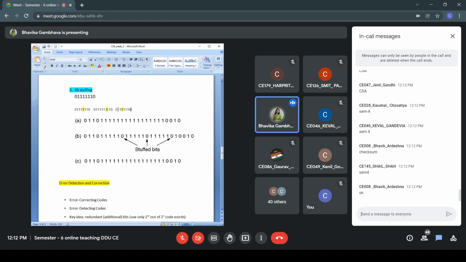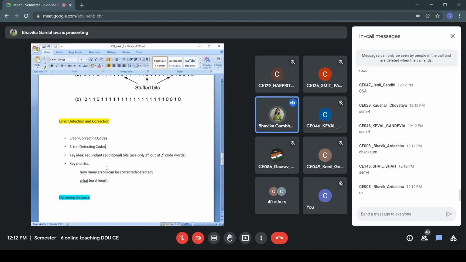Like 3-bit error can be detected if they are not together, while some will be capable even if you have burst error, that means consecutively 4 bits are corrupted, then also you will be able to detect that. So how many bit errors can be corrected or detected, and what is the burst length against which your algorithm is immune?